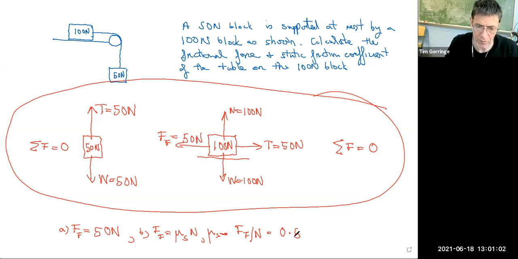So sort of step back and think about that problem. We got this moderately complicated arrangement of two blocks of different masses, different weights. One's hanging, one's on a tabletop. They're connected by a string or a cable that is run over a pulley.